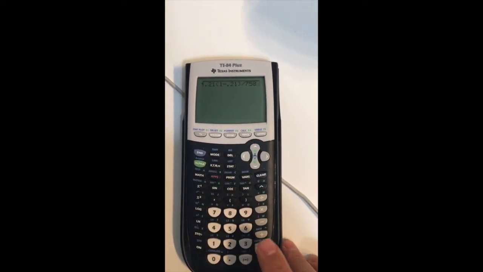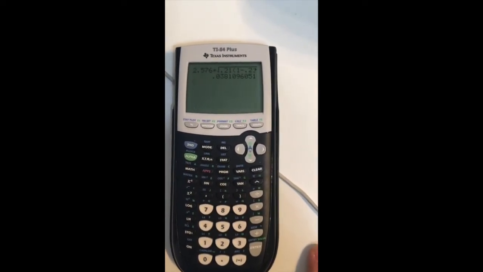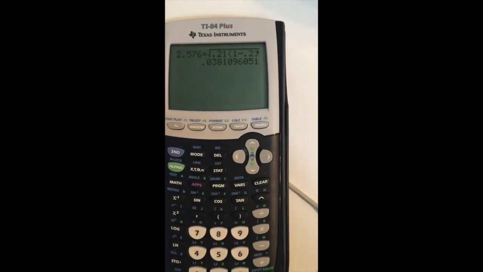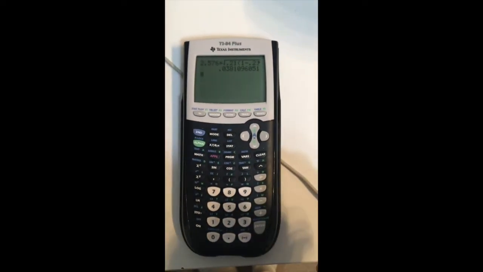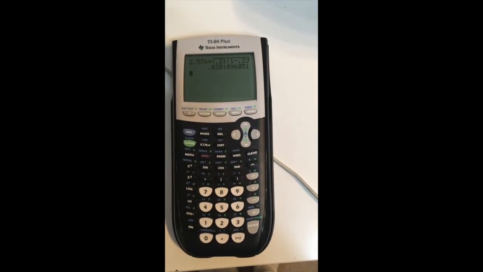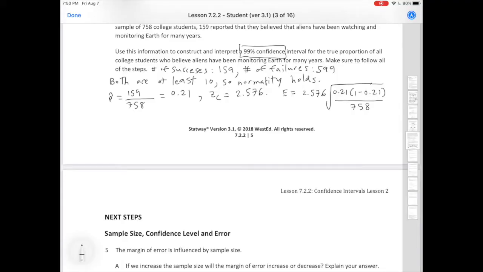When I hit enter, I get 0.038 as my margin of error. So as we saw with the calculator, we got 0.038. So I'm going to go ahead and write that down. This is 0.038.